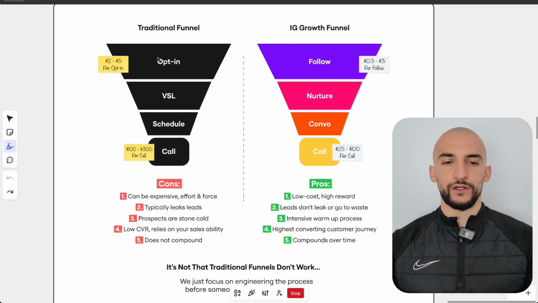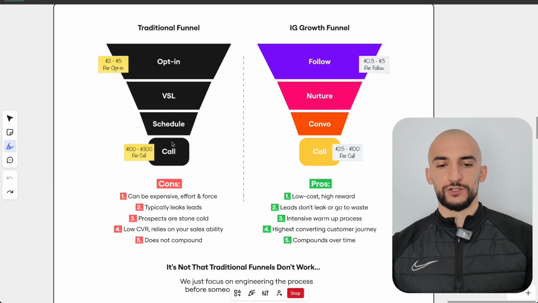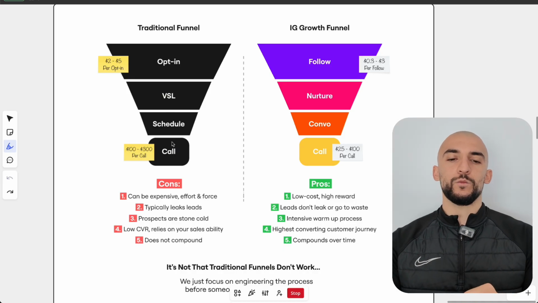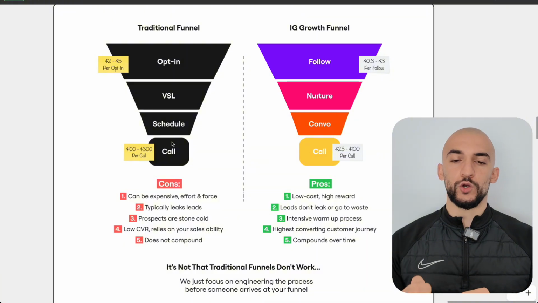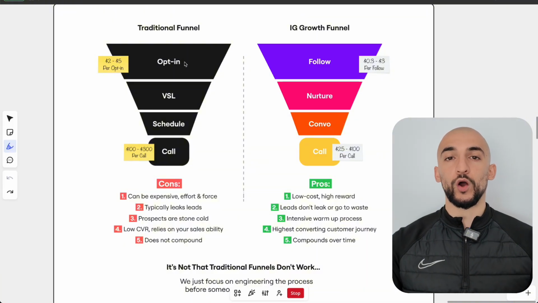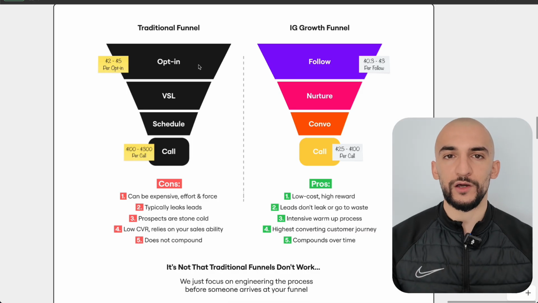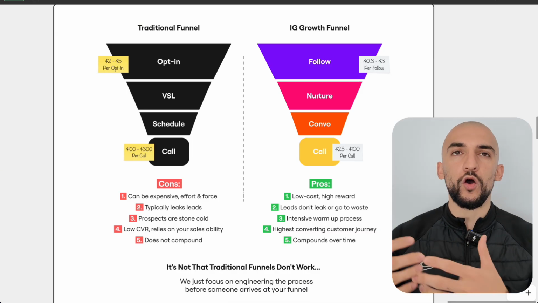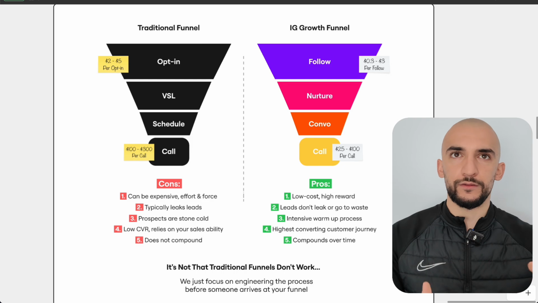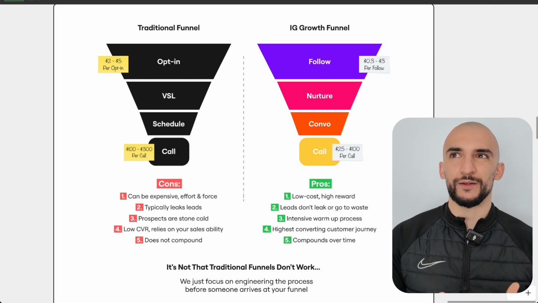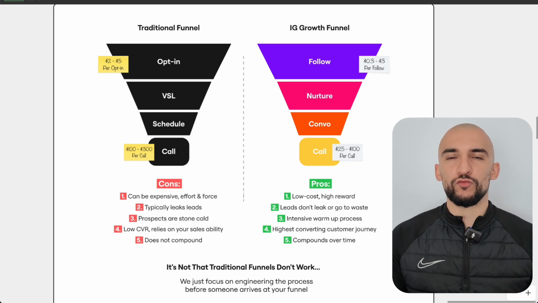So when we have the opt-ins, the VSLs, and the scheduling of the call, if someone hasn't scheduled a call with you, or if someone hasn't opted in, you are leaking leads, you're leaking traffic. There are people that have come through to the funnel that you can obviously retarget and put into an email nurturing sequence, but it's not really going to do much.